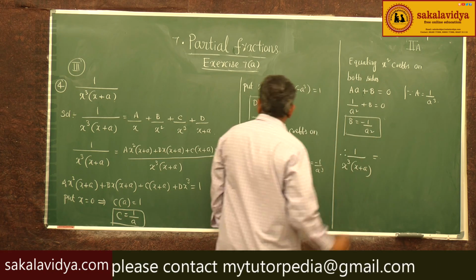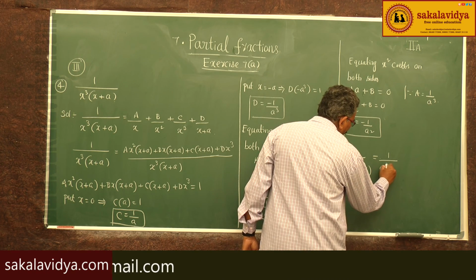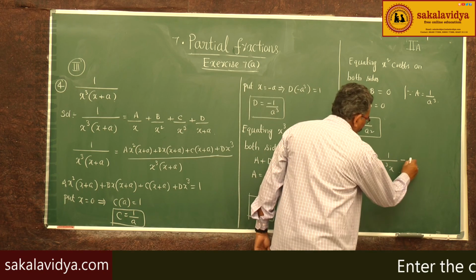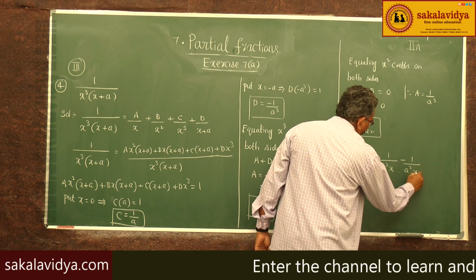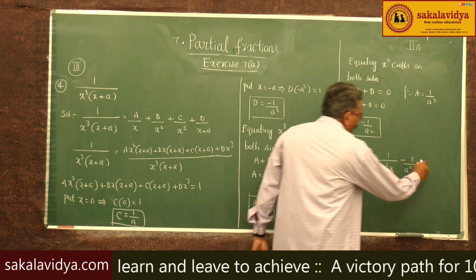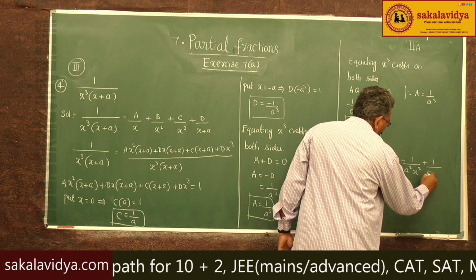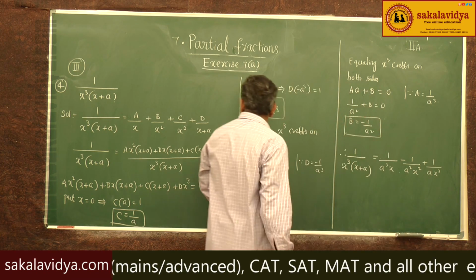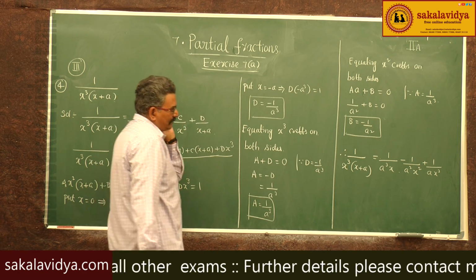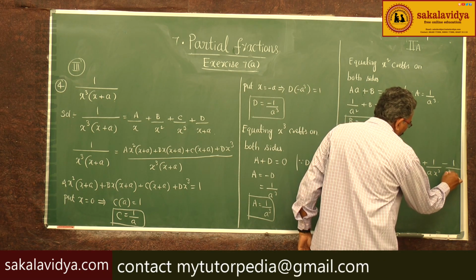Now a by x means 1 by a cube x, b by x square means minus 1 by a square x square, c by x cube means 1 by a x cube. Next d by (x plus a), d is minus 1 by a cube, so minus 1 by a cube of (x plus a).